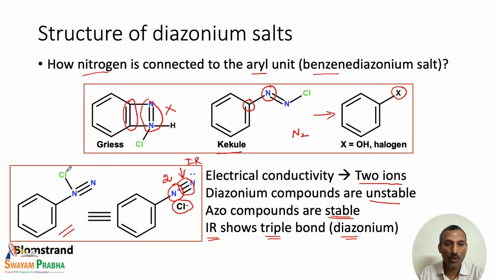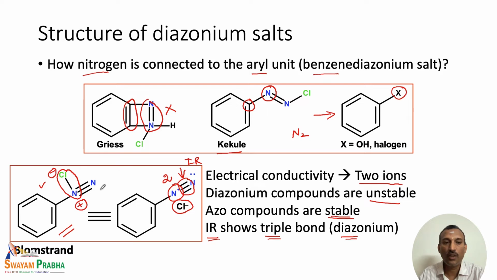So, the resonance structure given here contains a bond between nitrogen and the halogen atom. Of course, here we can write that the nitrogen has a positive charge and the chlorine has a negative charge. If we write this structure without a charge, then we cannot explain the electrical conductivity.